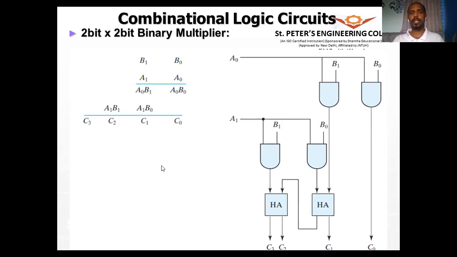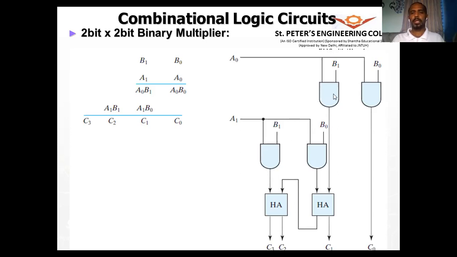So therefore, in general, I can say that if I am doing an n bit by n bit or n by m, so n can be greater than or less than m. I mean to say n and m need not be equal. So n can be greater or m can be, whether I'm saying 3-bit by 4-bit or 4-bit by 3-bit, anything. So if we consider it that way, then what will be the result?